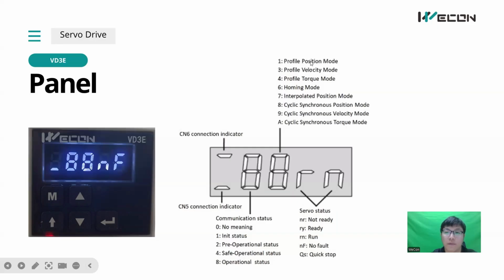Here there are PP mode, PV, PT, homing, CSP, CSV, and CST. For these control modes, I will introduce them in detail in a future class. And the last two numbers are the servo status. So you can see here NF. NF means no error, no fault. And RN means running, and RY means ready status.